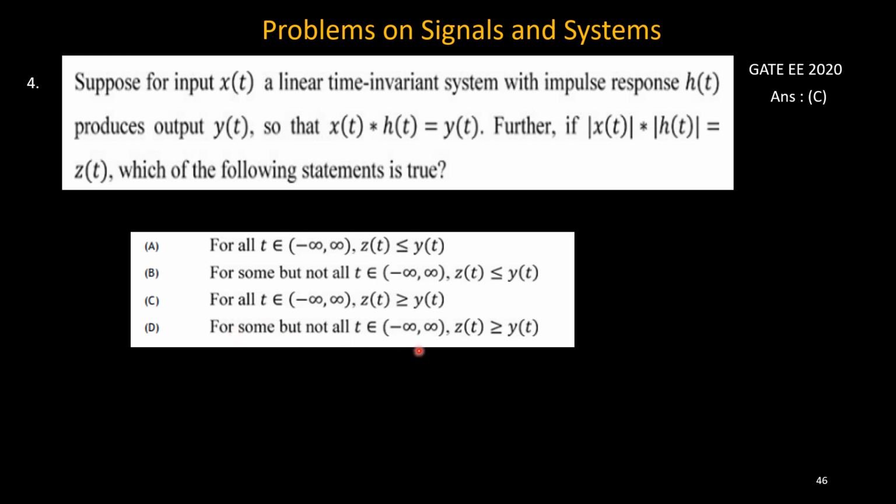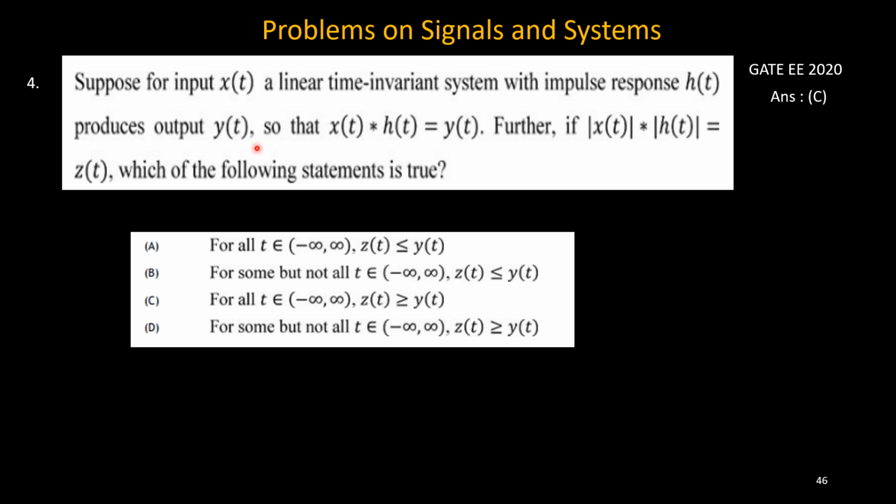Okay, have you got the problem? Read the problem carefully. So it says that one input signal x of t is applied to a LTI system, its impulse response h of t, and output is y of t. That is one relation given.